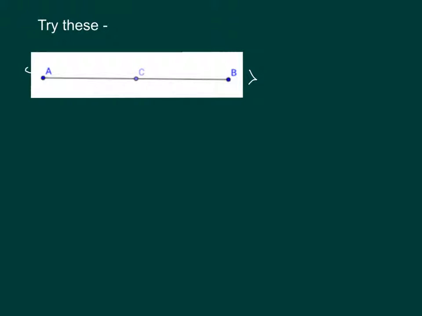We could choose line AC, we could choose ray CB, and we could choose line segment AB. Now there are a number of different answers to this problem, but these are three that I've come up with, and hopefully you came up with a few on your own.